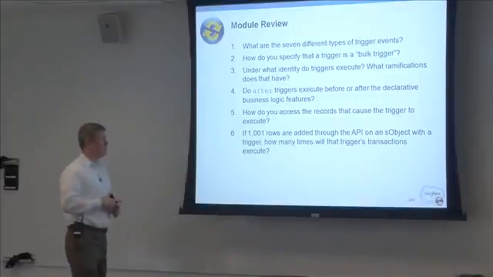Back 5 years ago when Apex was first being released, there was this concept of different types of triggers when they were in their early access beta program. And what they ended up doing was changing it so that all triggers would be bulk triggers. So we do not specify anything. But when you're writing triggers, always think in bulk.